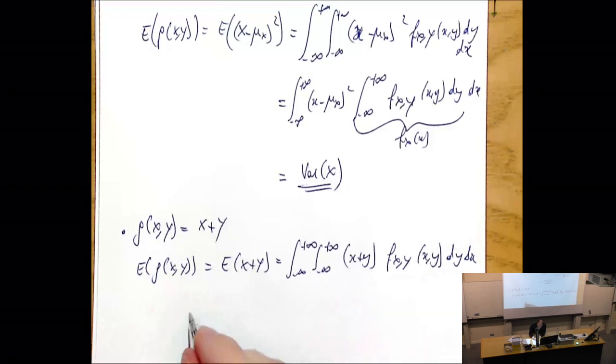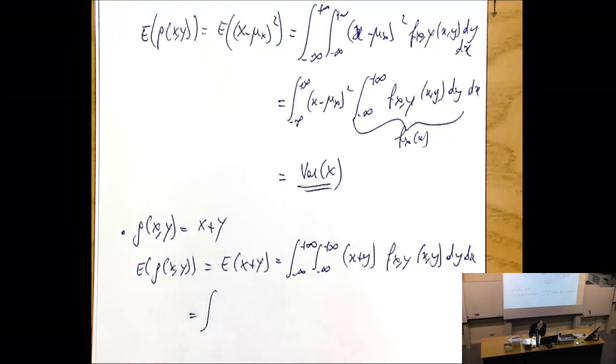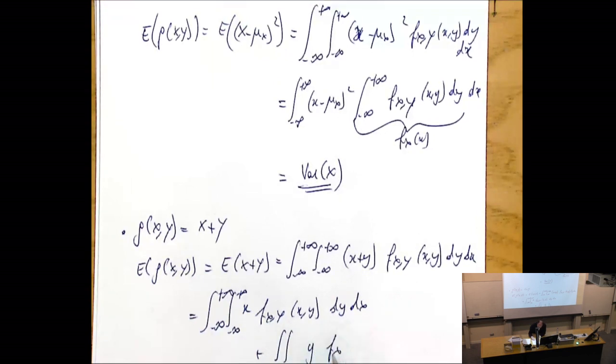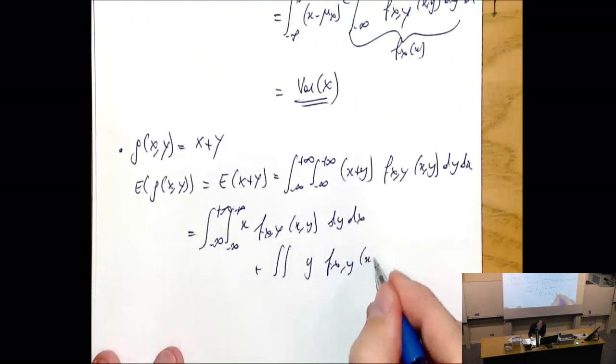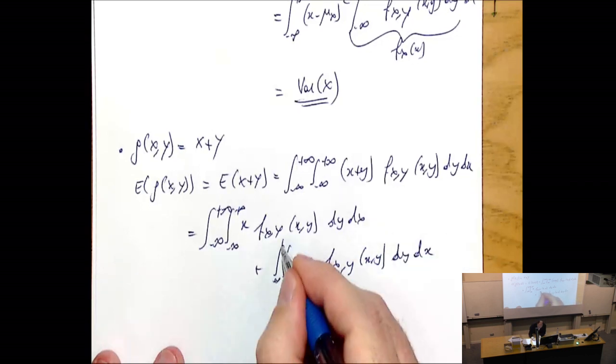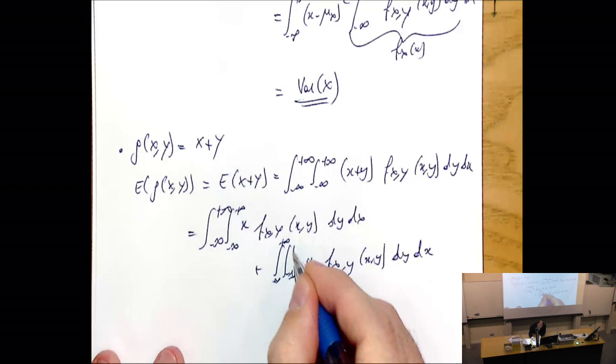And now I can break this into two integrals: the double integral of x multiplied by the joint PDF dy dx, plus the double integral of y multiplied by the joint probability density function of xy dy dx. Now you must be familiar with what we've done.